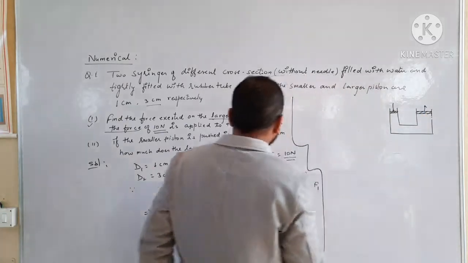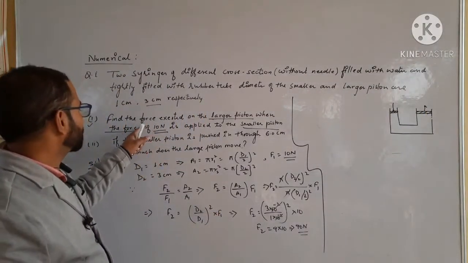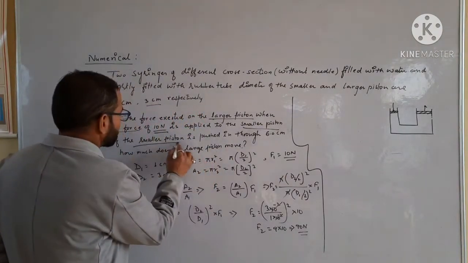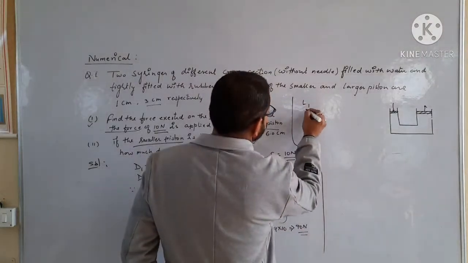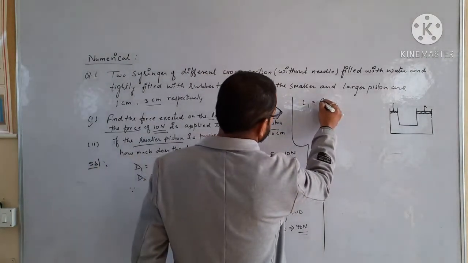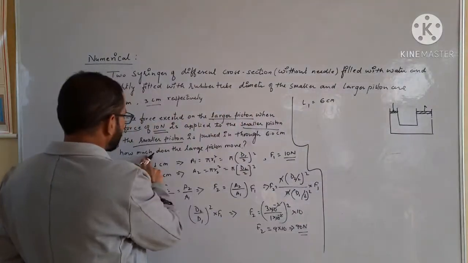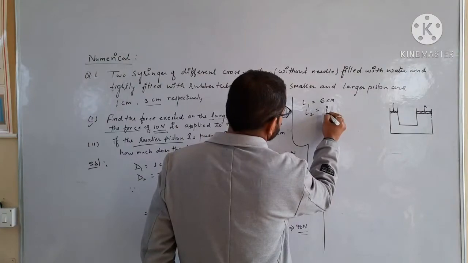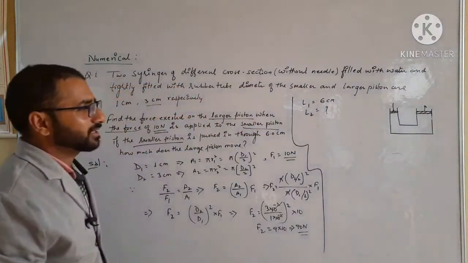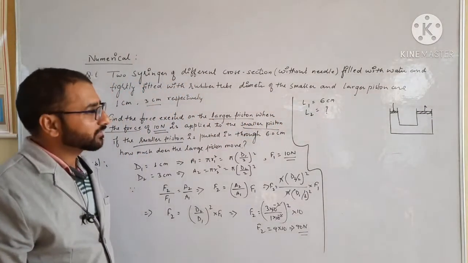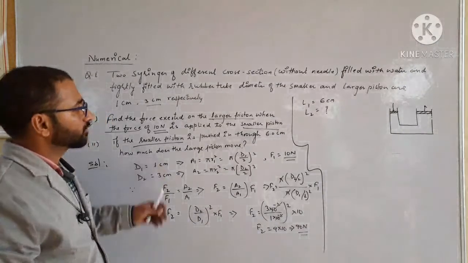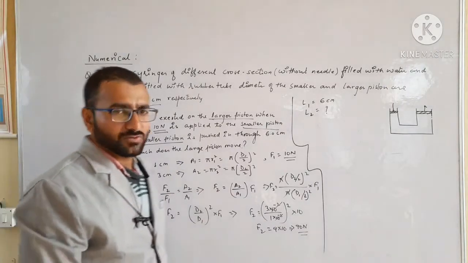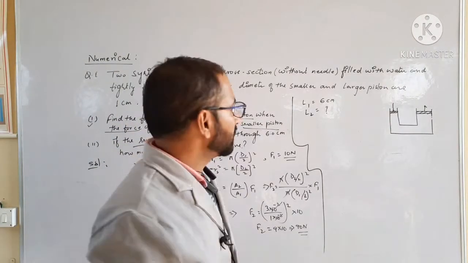According to the given information, if the smaller piston is displaced by 6 centimeters, how much will the larger piston move? So L2, the movement, is the question, and as we know, the volume of the liquid displaced will remain the same, as in the equation of continuity.